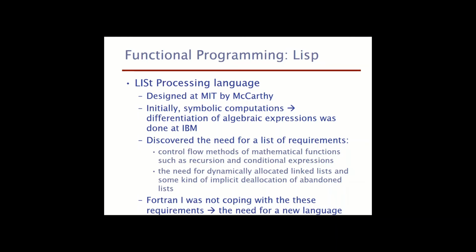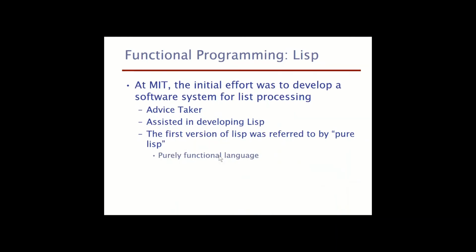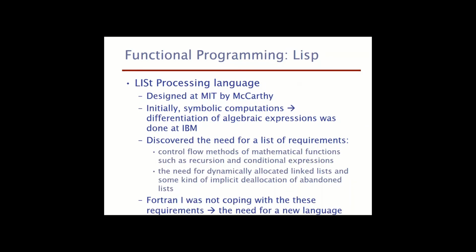So there was a need for a new language. Here, Lisp came to existence. A new language, a new format. That means we need to create software. They started with the idea of software to try to do basic things, like symbolic computation.